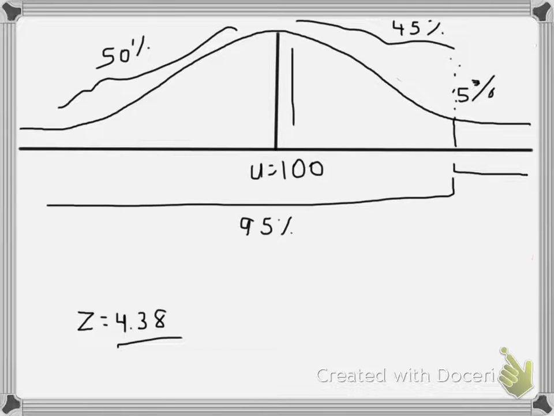Next, I'm going to try to figure out what is the z-value for this part of my bell curve. I know that this is 45%, and it's also on the right side of my bell curve. So I'm going to look at a right-sided z-table.